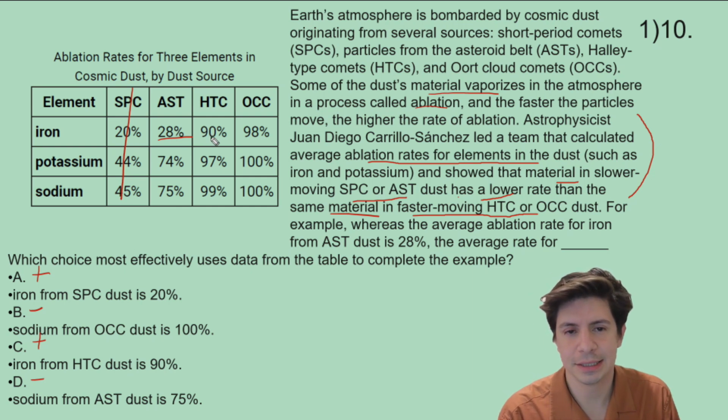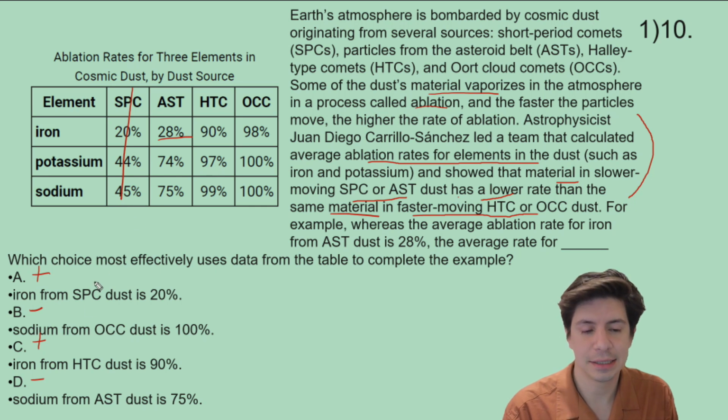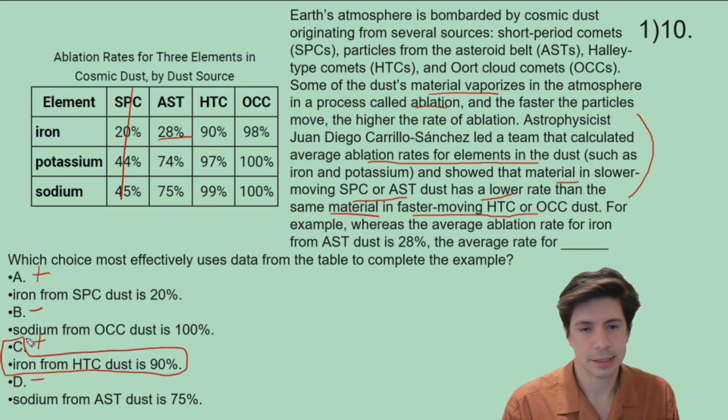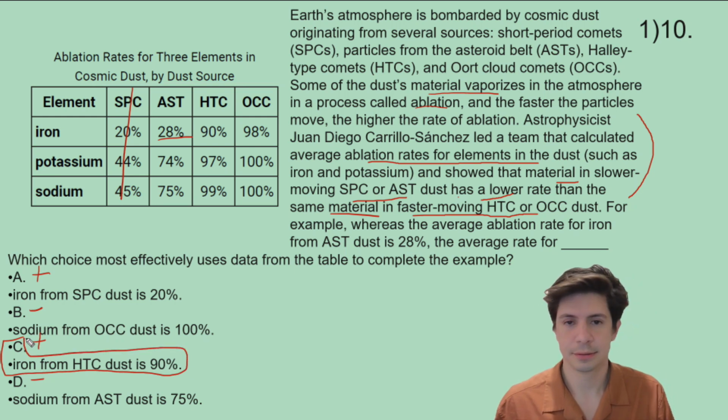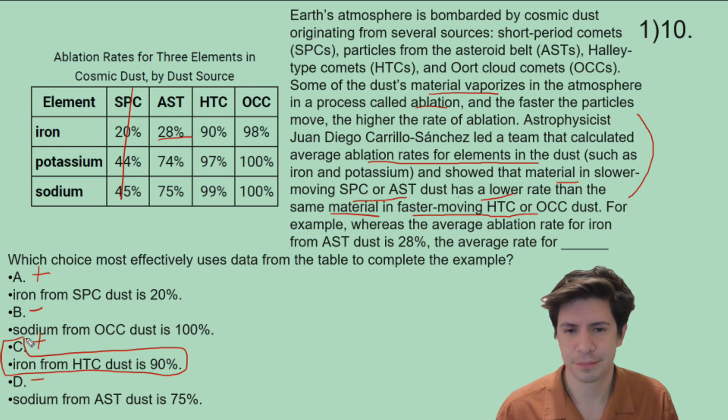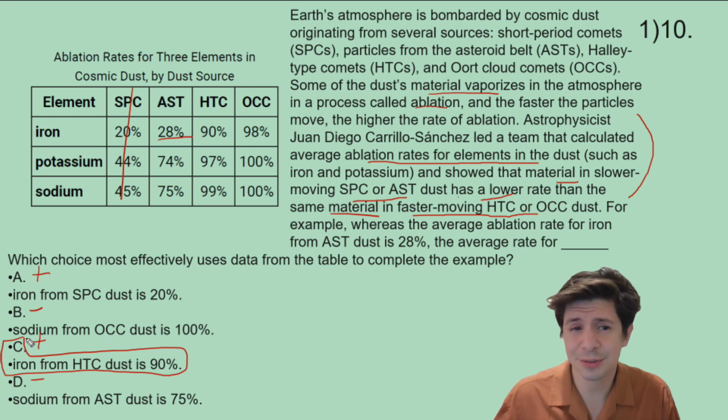It's going to be HTC or OCC. So the average rate for iron in HTC dust is 90%. And that ties in with what they're saying, right? That the dust will be ablated, maybe that's the word, at a faster rate in a faster moving dust source.